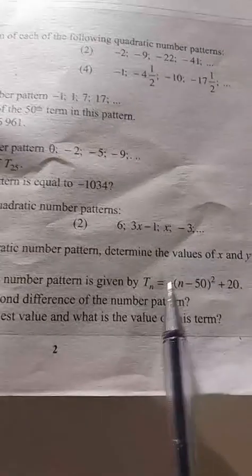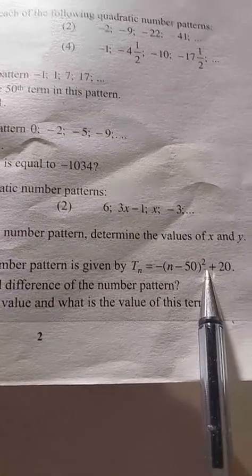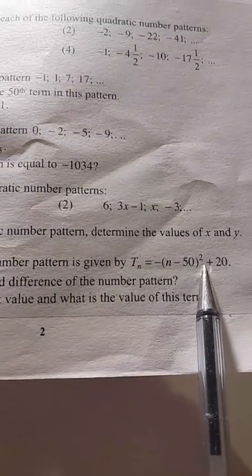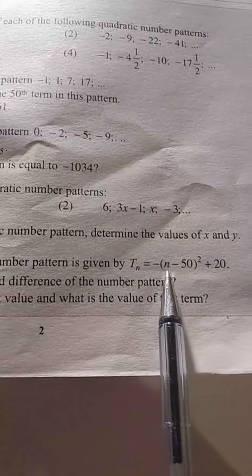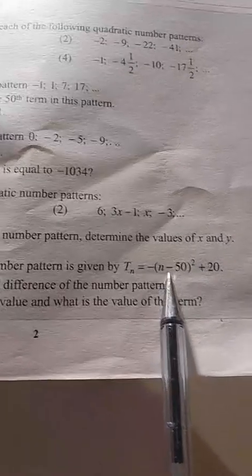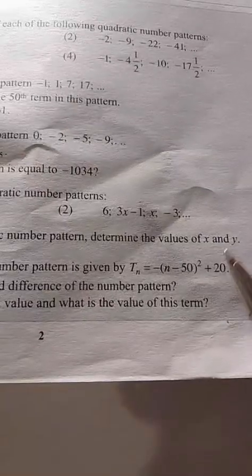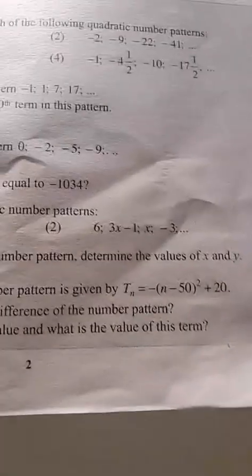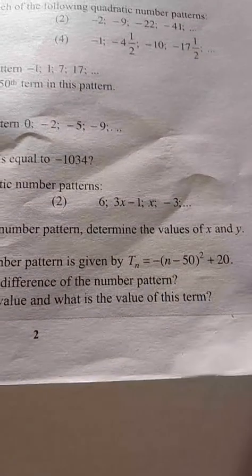Do we have the maximum value, or do we have a minimum value, and which value of the term gives us that maximum or minimum? How do we know it is a minimum value? What sort of things indicate that it's a minimum? What sort of things indicate that it's a maximum?